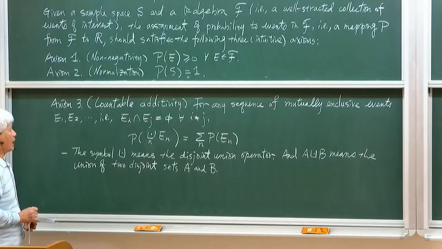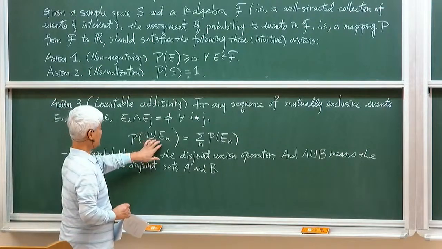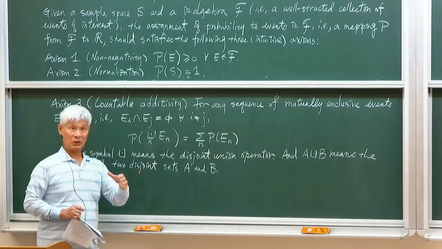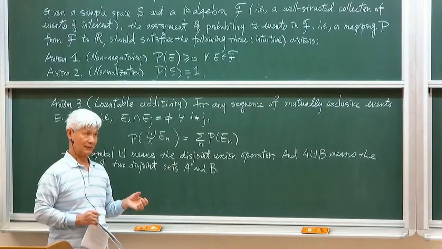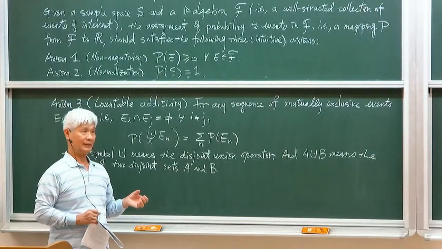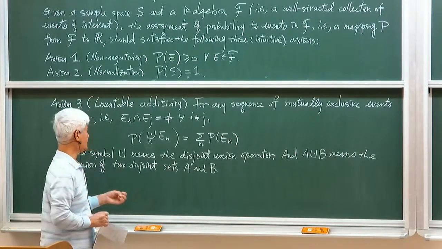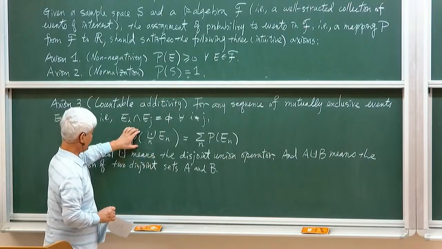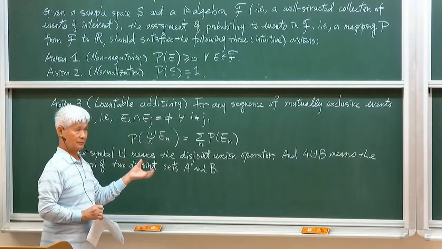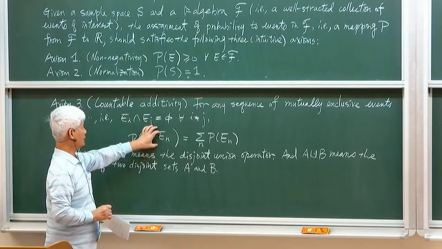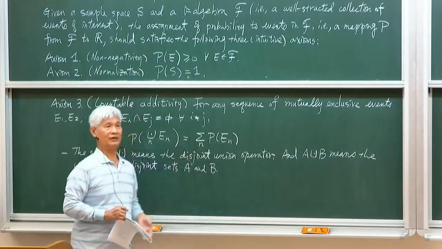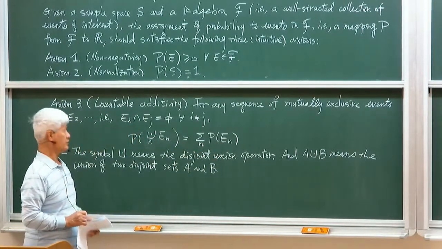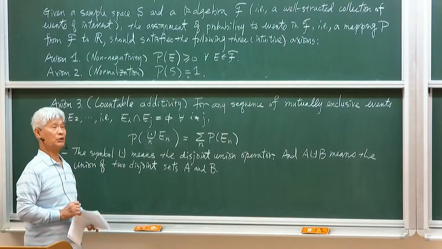For mutually exclusive events, we understand that they cannot occur simultaneously, so the probability of their union should be the summation of the probability of each event E sub n. So this is also quite intuitive.